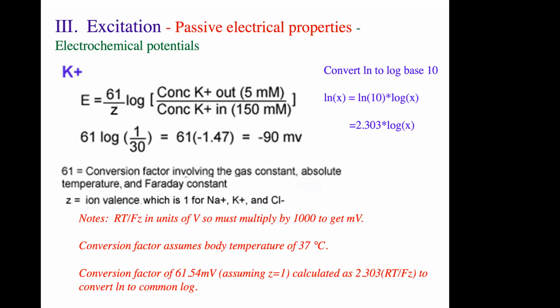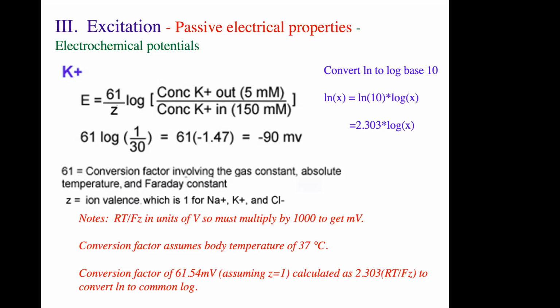So if you ever got asked a question, hint, hint, that involved the Nernst equation, or when we look at the Goldman equation, the same thing, for something happening in a human body, you can take that whole front term and boil it down to 61.